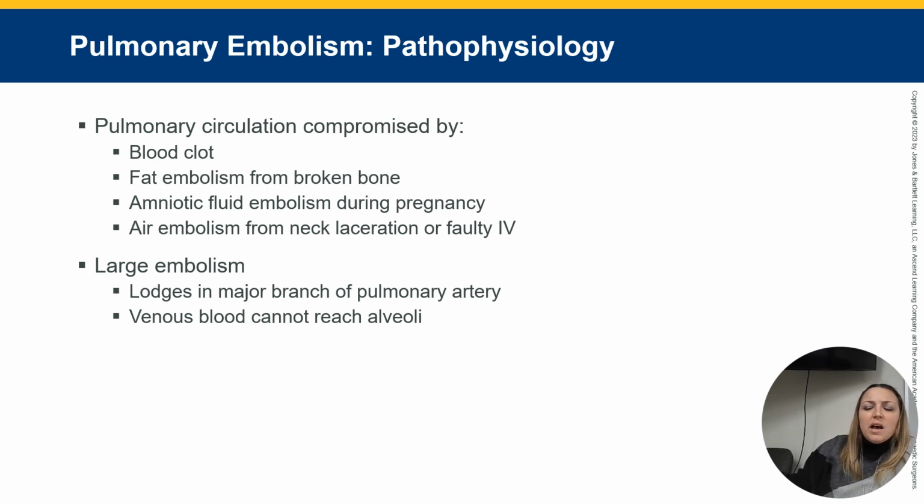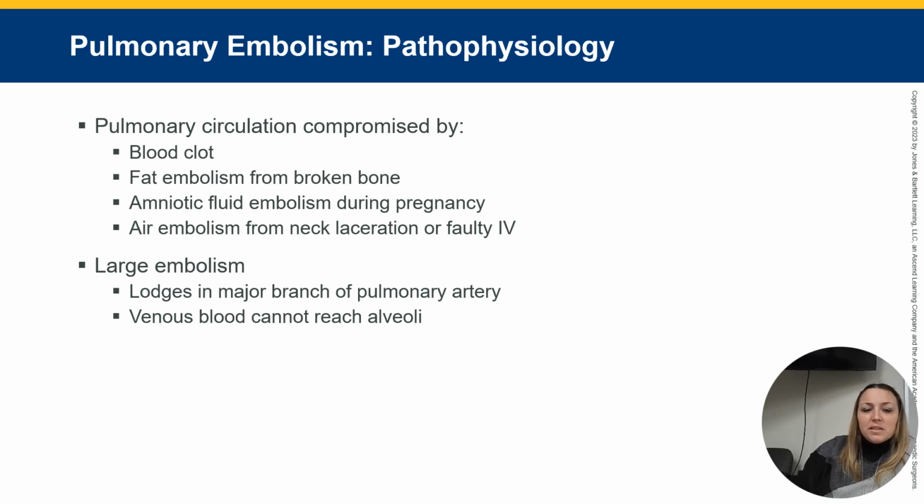Pulmonary embolism, we did already talk about this more towards the beginning of yesterday, but pulmonary embolism is when a blood clot or some kind of embolus, it can be a fat embolus from a broken bone, an amniotic fluid embolism during pregnancy, an air embolism from a neck laceration or a faulty IV, or if you didn't flush your line, you can cause an air embolism.